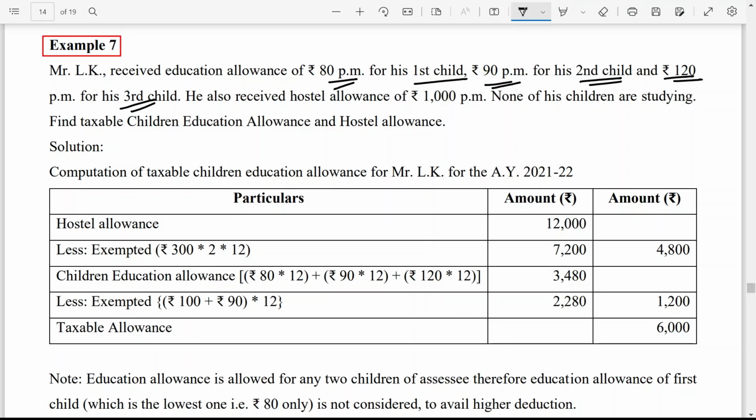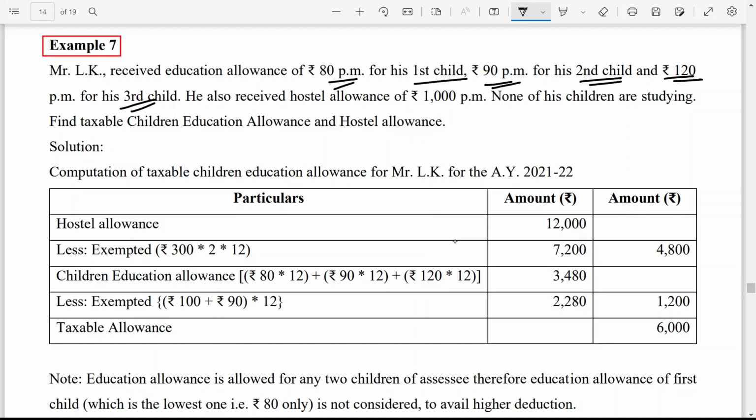That means he is receiving children education allowance and a different amount is given. Now he also received hostel allowance of 1000 per month for all children. We are assuming that this 1000 is for all children. None of his children are studying, that is not material. Find taxable children education allowance and hostel allowances.